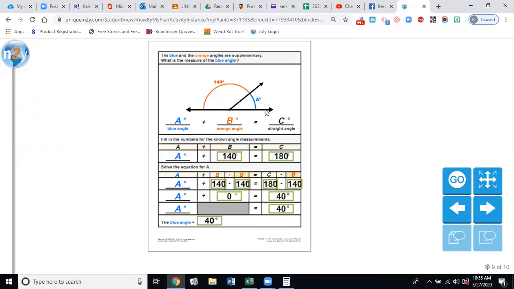So all we had to do was subtract 140 from 180. 140, that's the orange angle, B. 180 is our total line. So 180 minus 140 equals 40. So the blue angle equals 40.